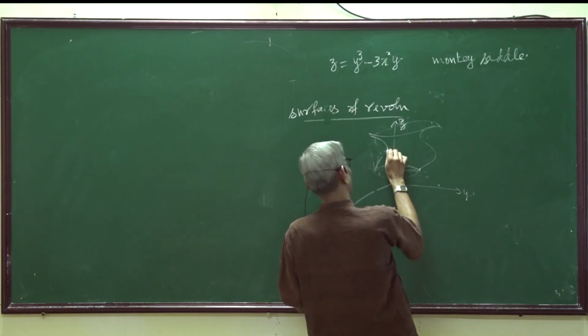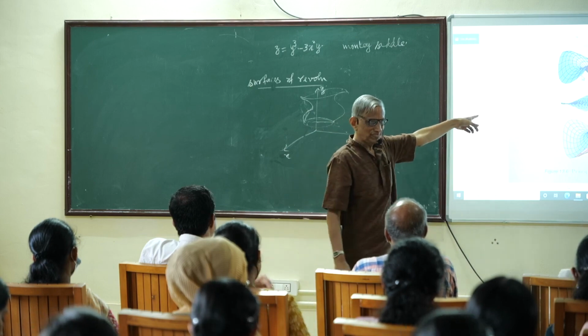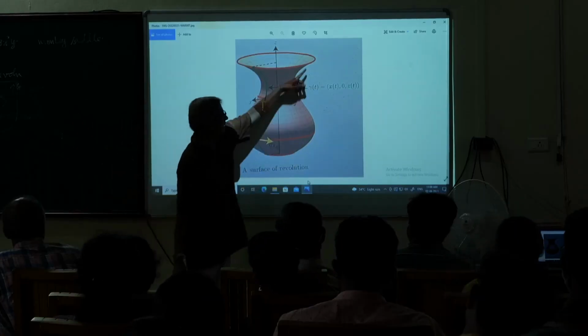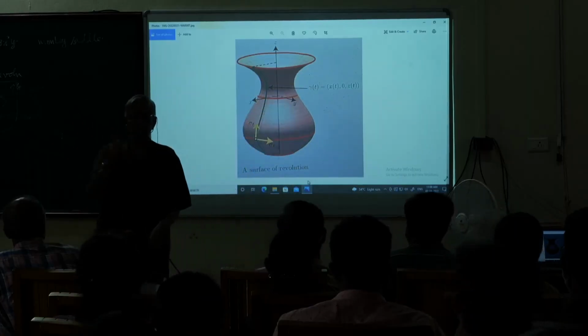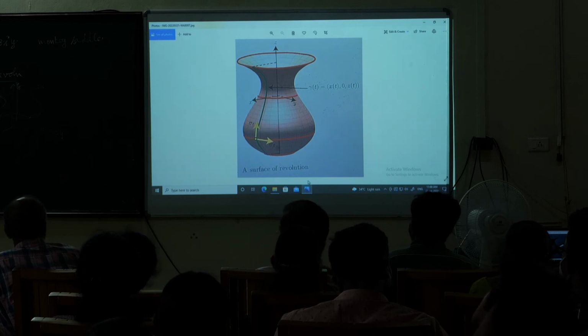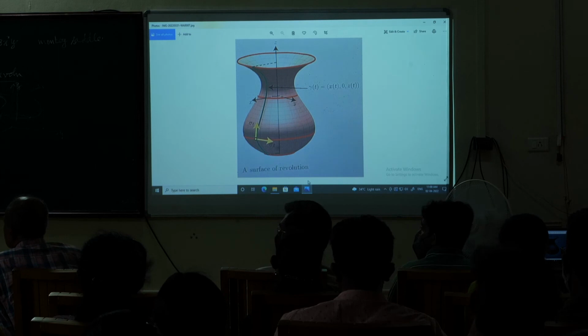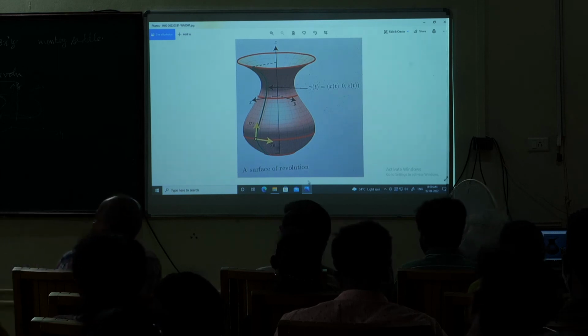It goes this way. So we have a picture here. Each point on the curve makes a circle with center on the z-axis, radius equal to the distance of the point from the z-axis. Right? So we get a surface of revolution.